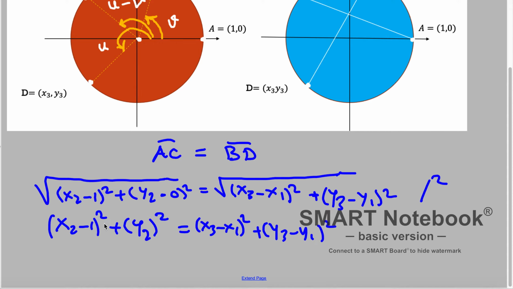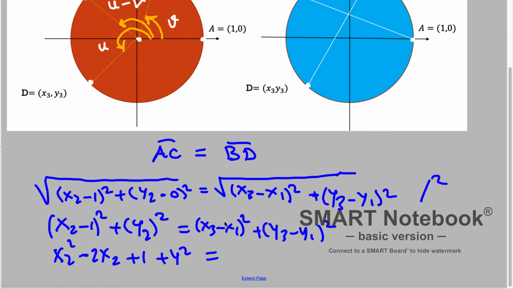And now let's expand those binomials. And we have here x2 squared minus 2 times x2 times 1, which is 2x2, plus 1 squared, which is just 1, plus y2 squared.